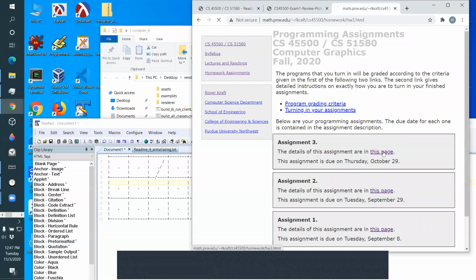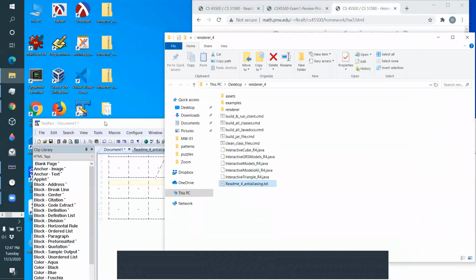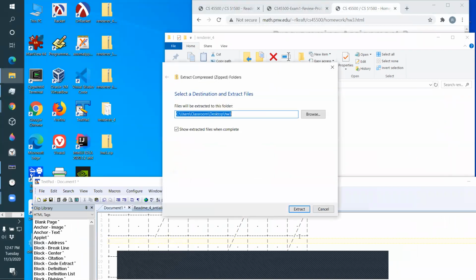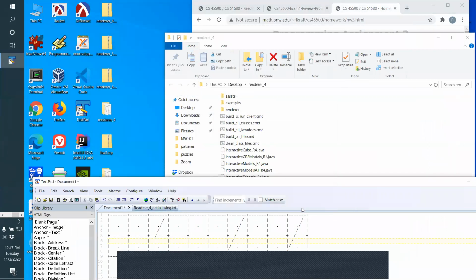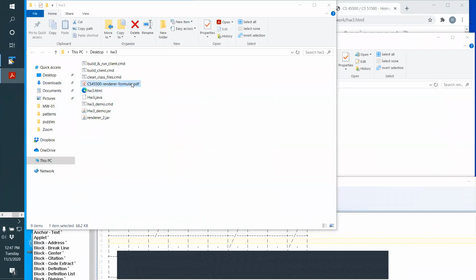You need the formula sheets in the homework assignment. It's also in that folder called renders. Okay. All right, so you need this.